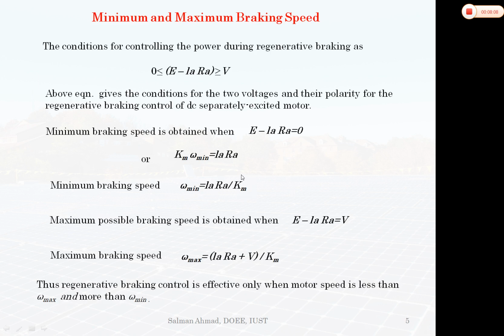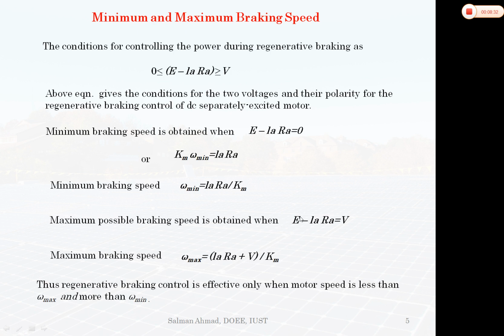Okay, now if you want to find the maximum possible braking speed, then this term must be equal to V. So again take this term to the right side, so that will become V plus IaRa. Again this is a separately excited DC motor, so we can take back EMF proportional to the speed.